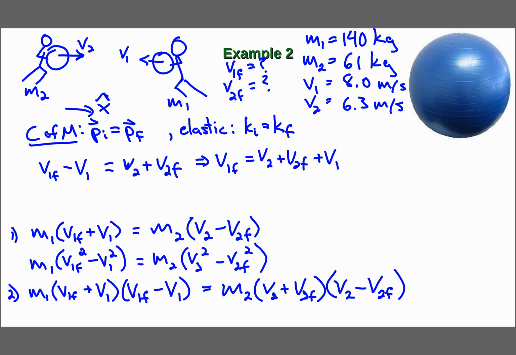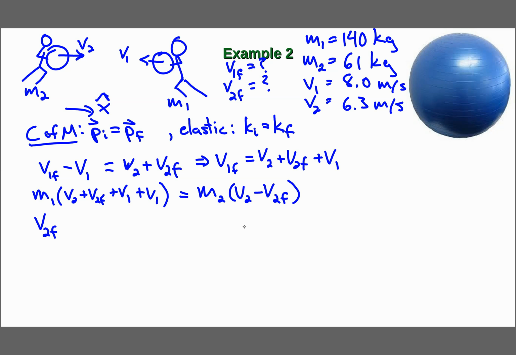And then if I stick that into equation 1 here, what I get is m1 times v2 plus v2f plus v1, and then plus v1, right? That was me substituting out the v1f, equals m2 times v2 minus v2f. So then I have v2f times m1 plus m2.